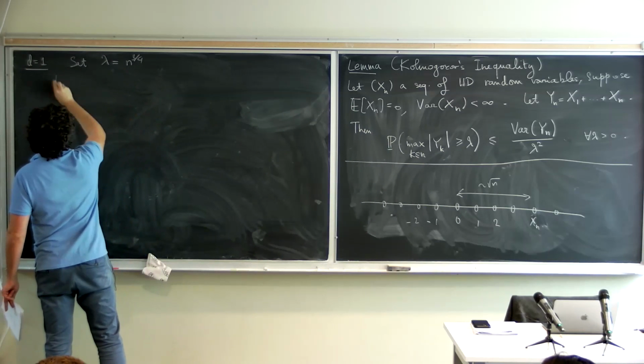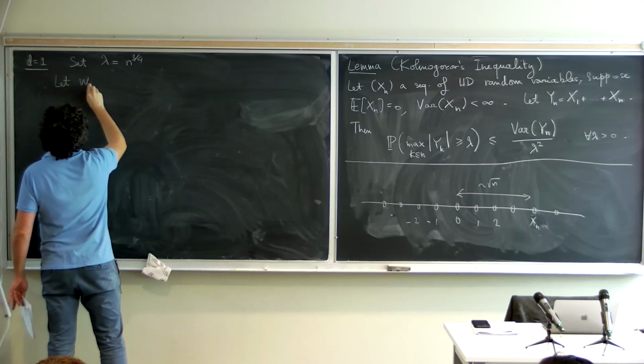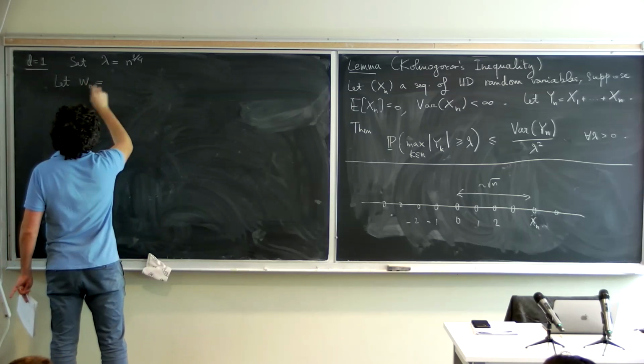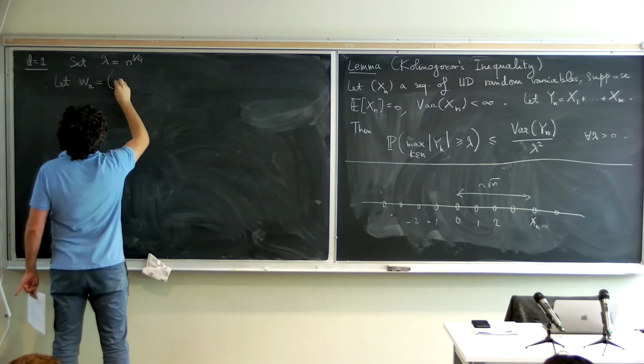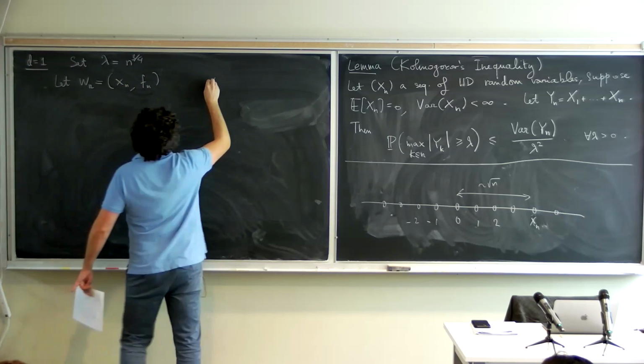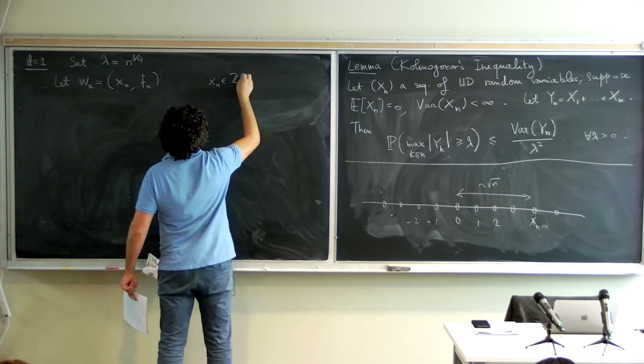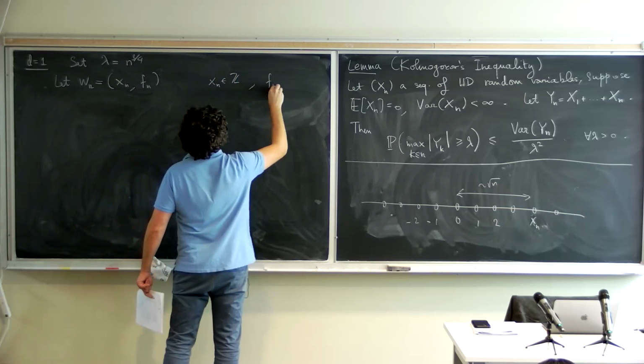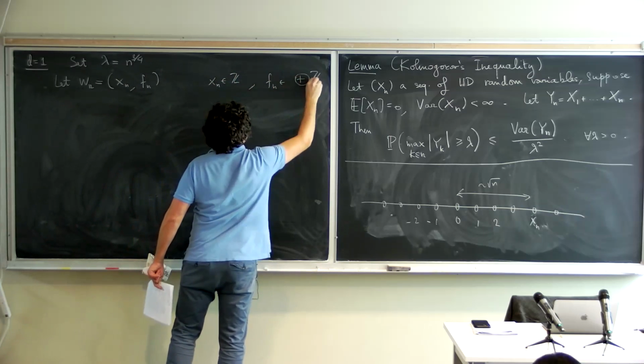And how do you apply it? Well, W_n is a random walk on the lamplighter group. It has two coordinates, X_n and f_n, where X_n is in Z^D, here Z, and f_n is in the space of configurations.